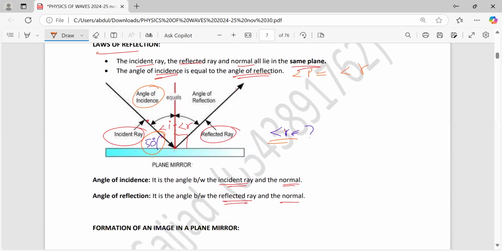It is the angle between incident ray and the normal. So this is 50, so normal is 90. So angle of incidence will be 90 minus 50. It will be equal to 40 degree. So if angle of incidence is equal to 40 degree, it means angle of reflection will also be equal to what?